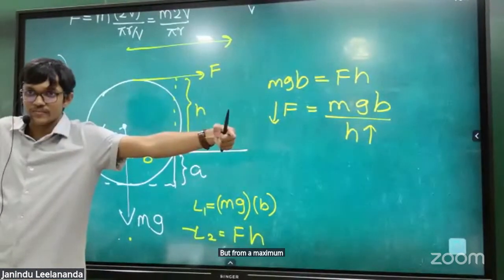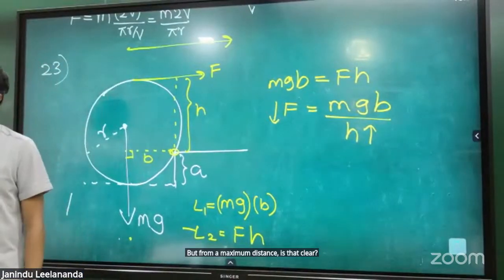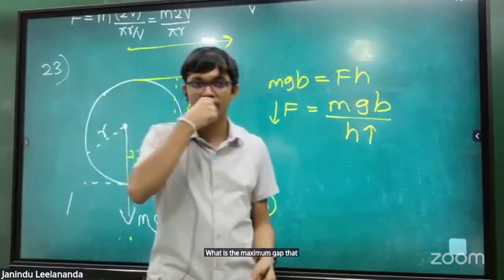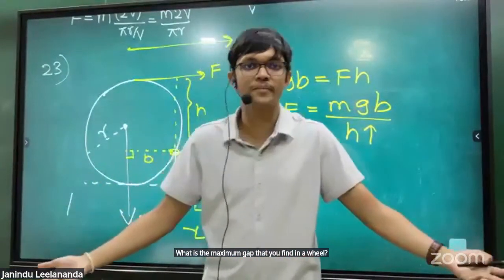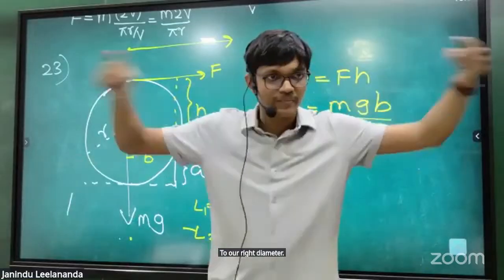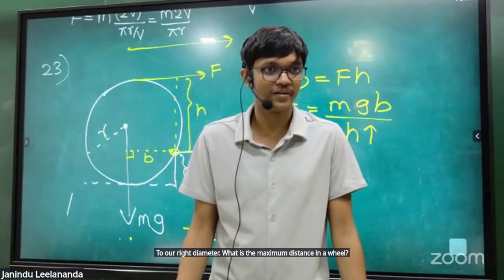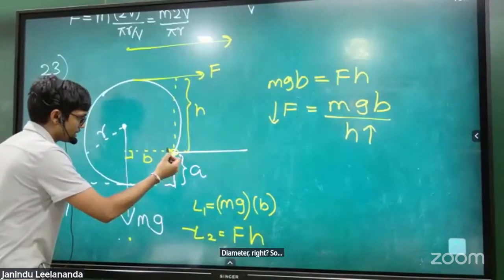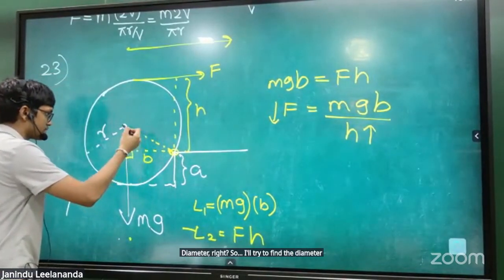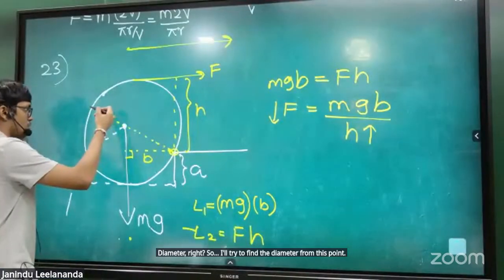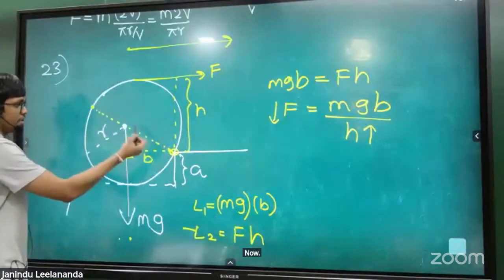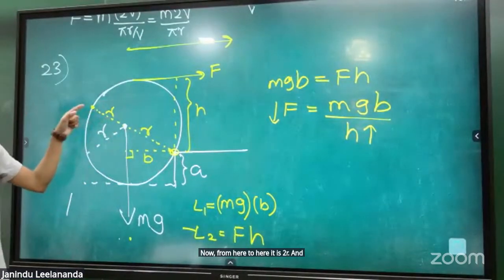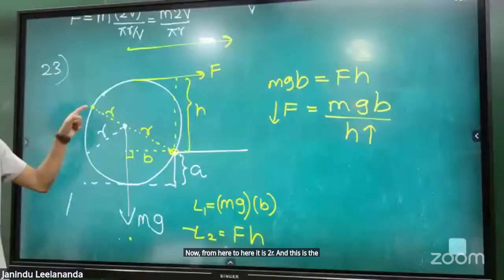So where can I find that maximum distance? What is the maximum gap that you find in a wheel? 2r, the diameter. So I'll try to find the diameter from this point. From here to here it's 2r, the furthest point from this point.